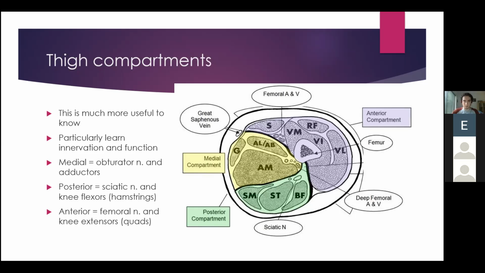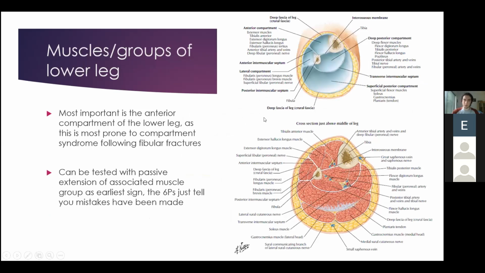The more important compartment is actually in the lower leg. That's your anterior compartment, which is this compartment here. The reason this one is more important is because when you get fibular shaft fractures, you can get compartment syndrome in this compartment.